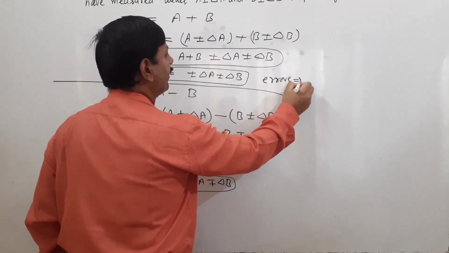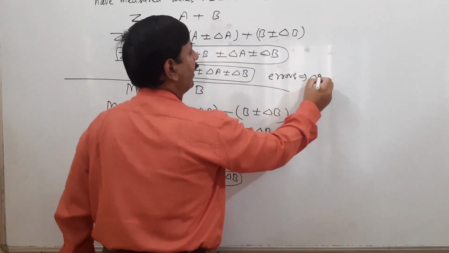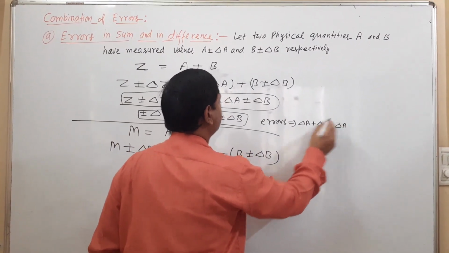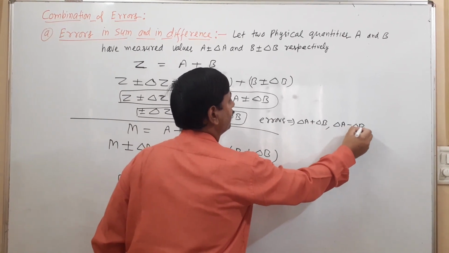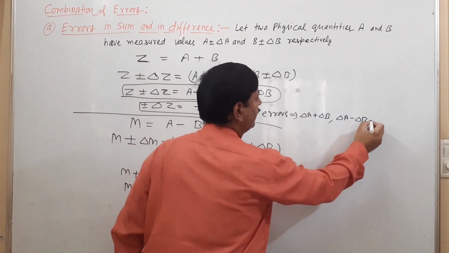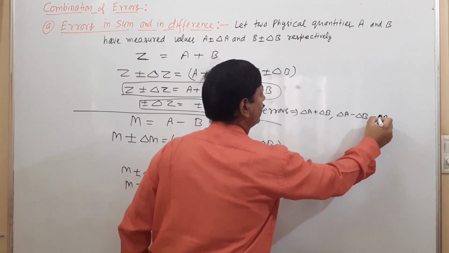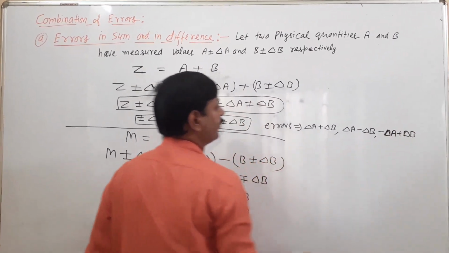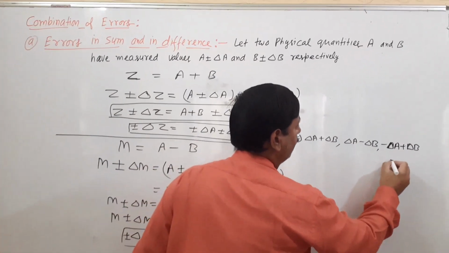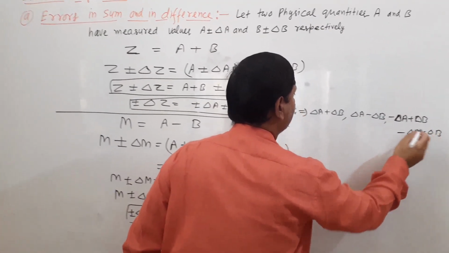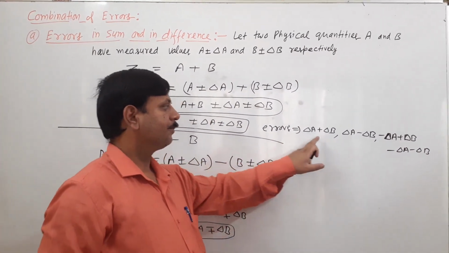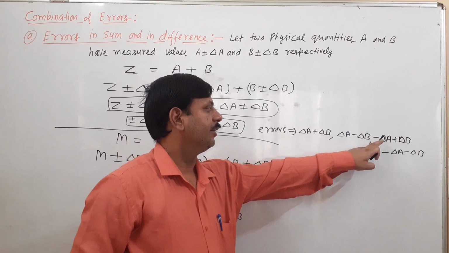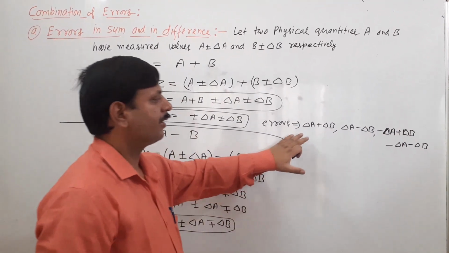Del A and del B can both be positive, or the first positive and the second negative, or the first negative and the second positive: minus del A plus del B. Or both can be negative: minus del A minus del B. So these are the possible errors.